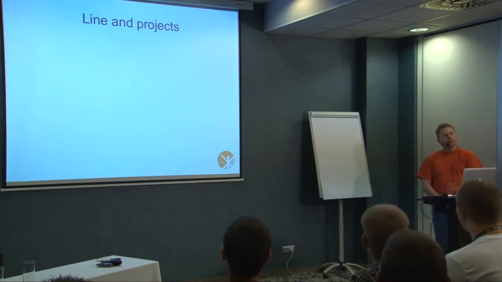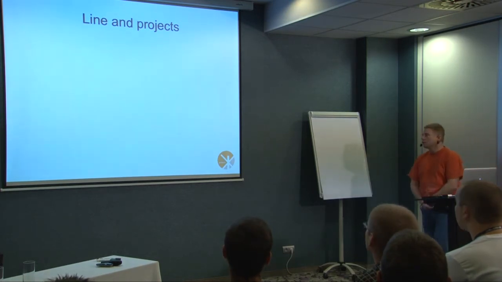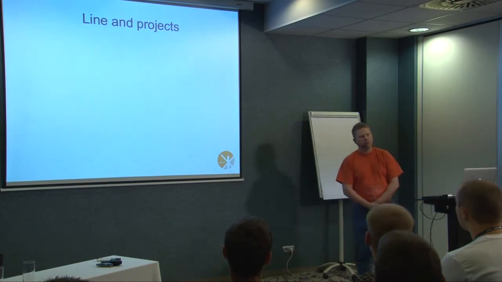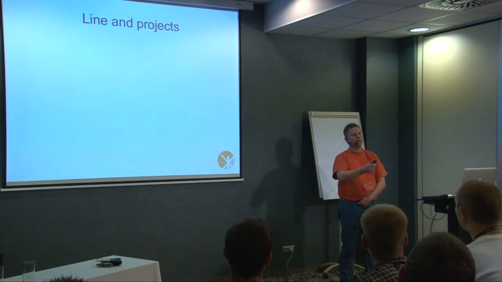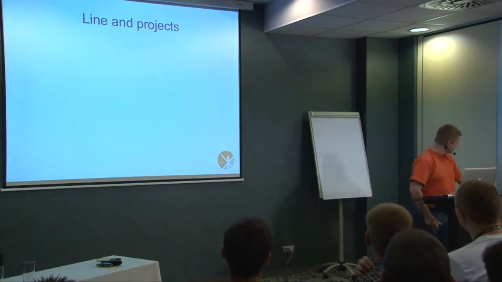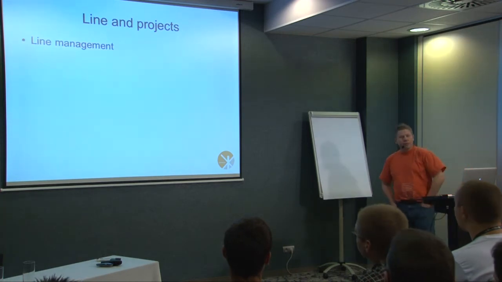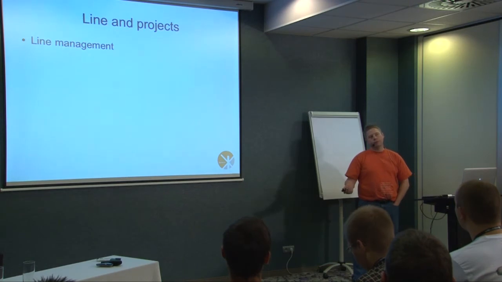How many in here are working in an organization where you're dividing the line organization, that is, you have a manager who is manager over all developers, and then you have some kind of project that is more or less cross-functional? One, almost, a couple of guys, right, lucky you. So make sure that you have a line manager who is your manager, but only manager for, say, developers or testing.